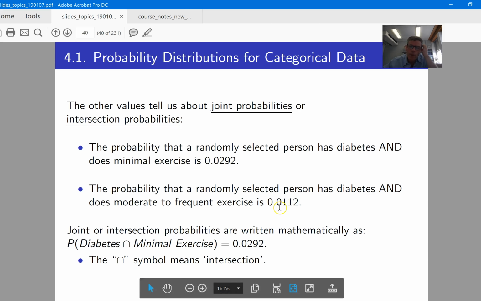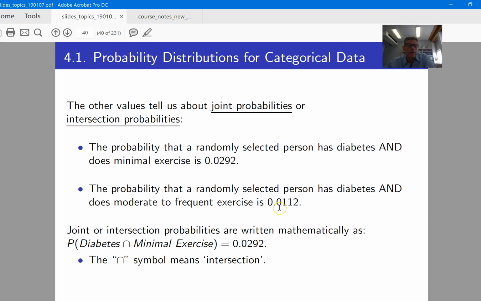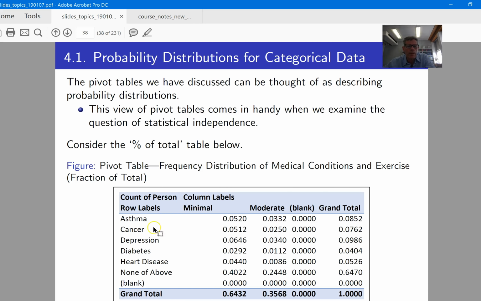The other type of probabilities are joint or intersection probabilities, which are the ones that I highlighted at first, which is when you've got a particular row and a particular column, you look at the intersection between those two, you get a probability of a person having diabetes and minimal exercise, 0.0292. Let's go back to the thing and you'll see that.